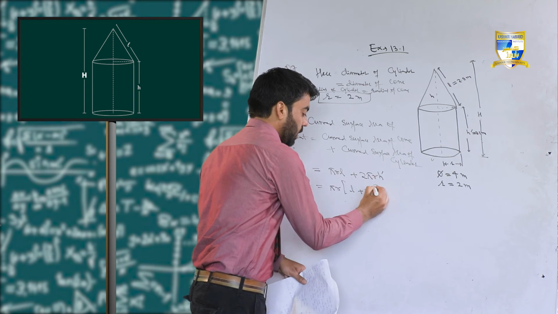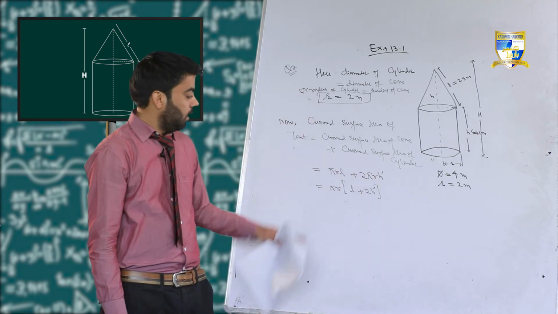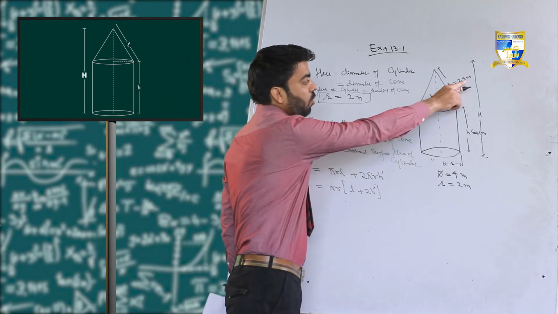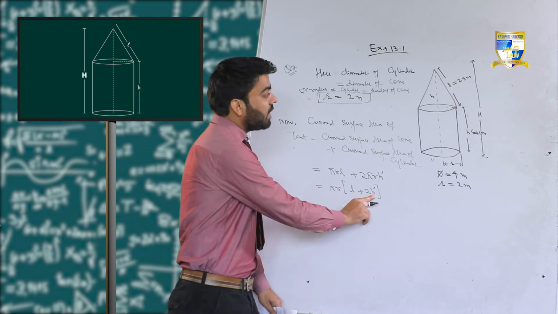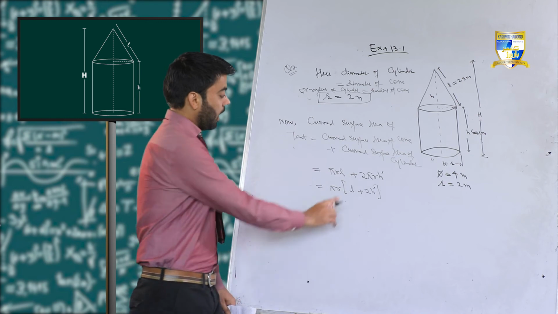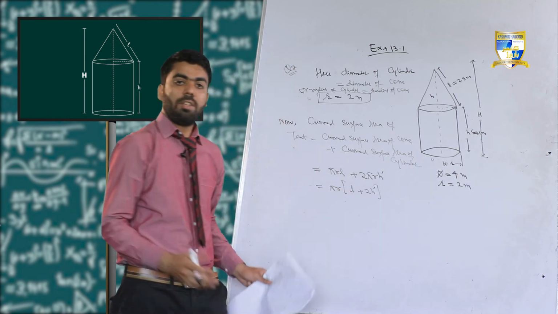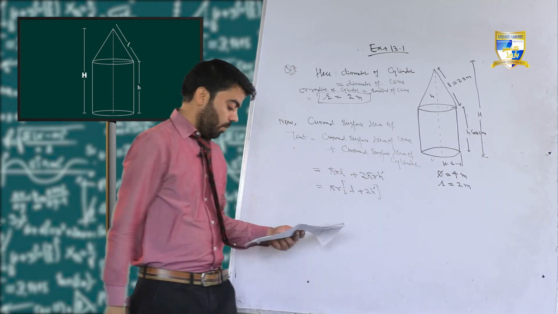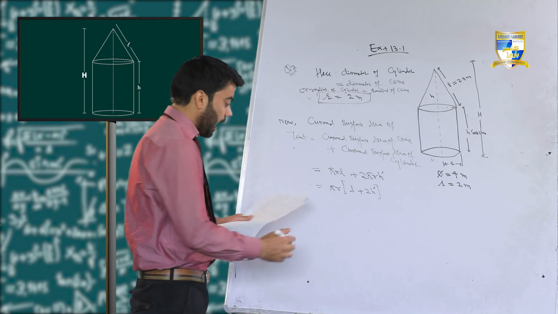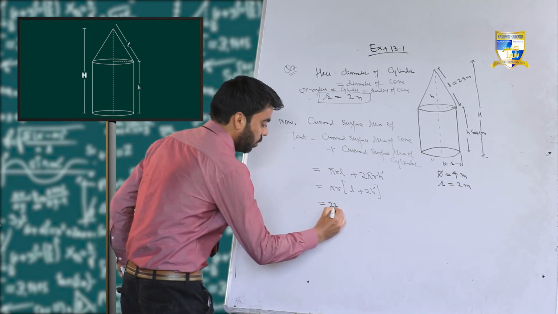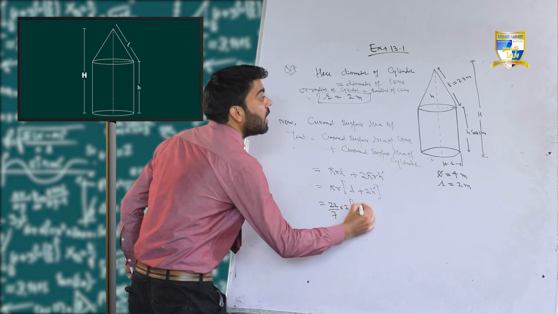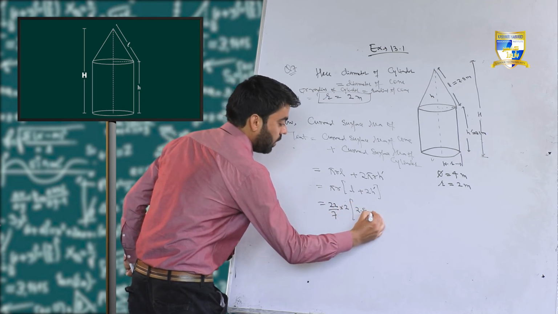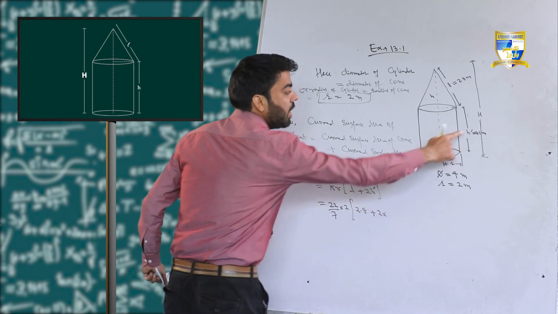Clear? This L here is 2.8. H dash is 2.1. R is 2 meter. So simply, we put in the values and get the answer. It's 22 by 7 times R, which is 2, times L, which is 2.8, plus 2 into h dash, which is 2.1.